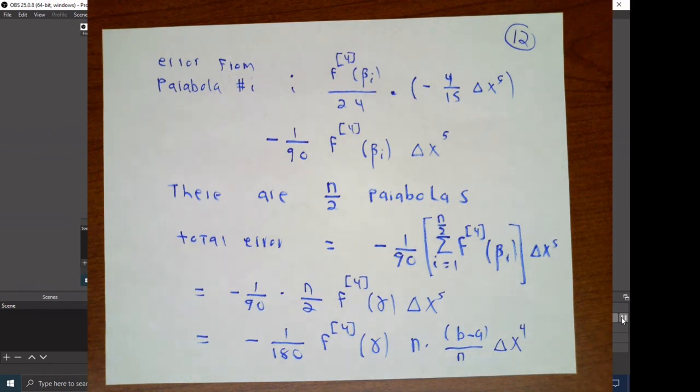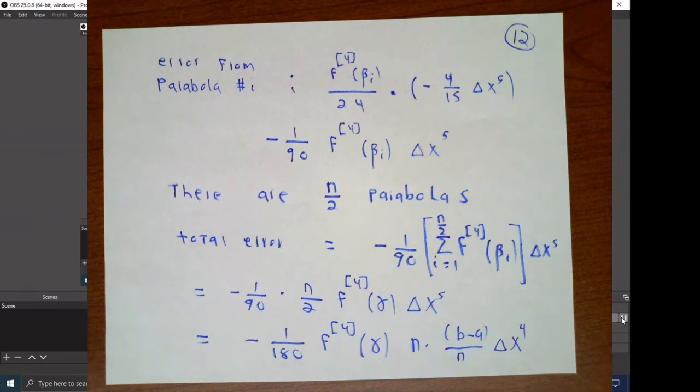So there are not n of these things to add up, but rather n over 2. The total error is negative 1 over 90 times delta x to the 5th power times the sum, i equals 1 to not n, but n over 2, of the value of the fourth derivative at beta i.